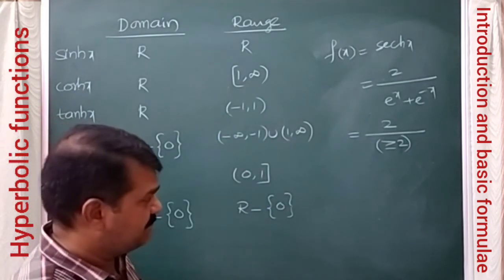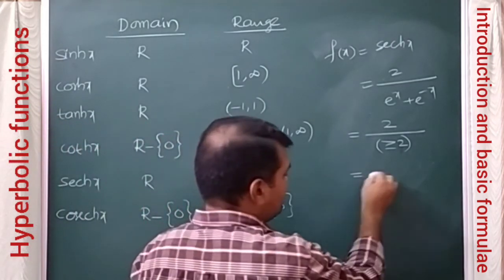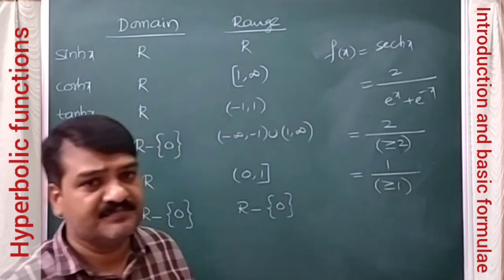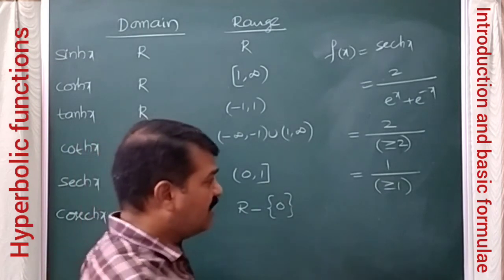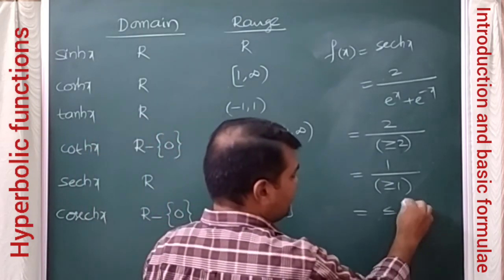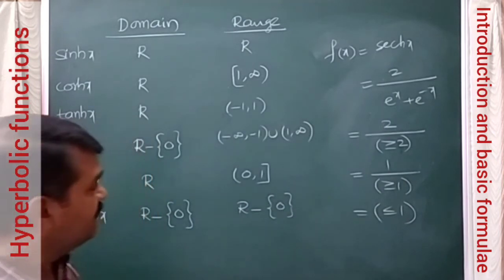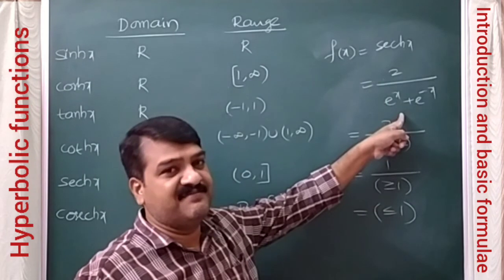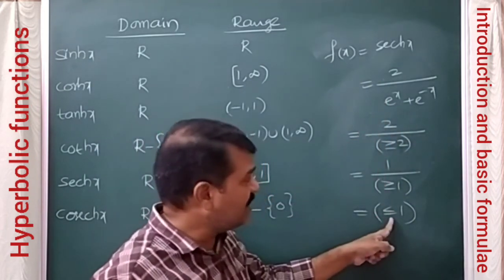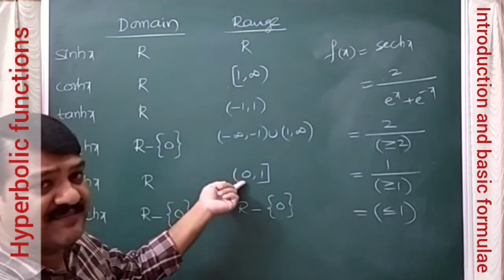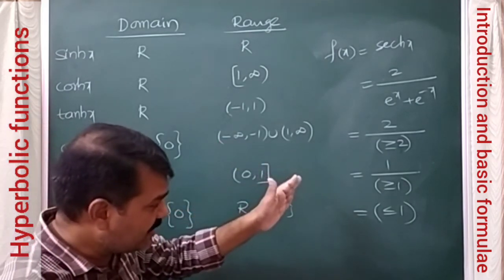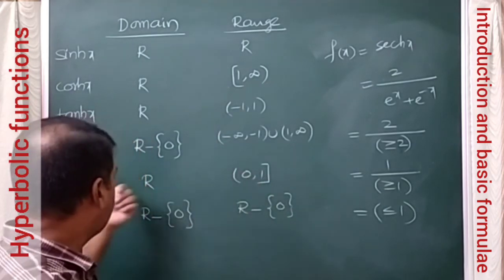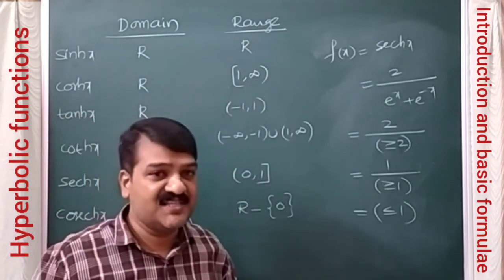We know this property. So therefore, 1 by something greater than or equal to 1 will come in the denominator. If we shift it onto the numerator, it is going to be less than or equal to 1. That is what we wrote here. And this is never going to be negative. Of course, it is less than or equal to 1, but you should stop at 0 because it is not going to be negative. So 0 to 1 is the range of secant hx.